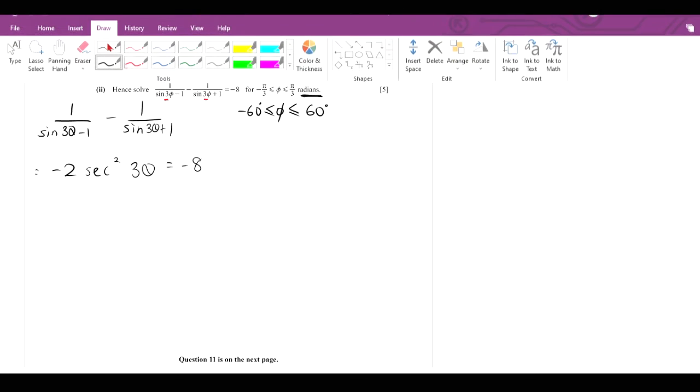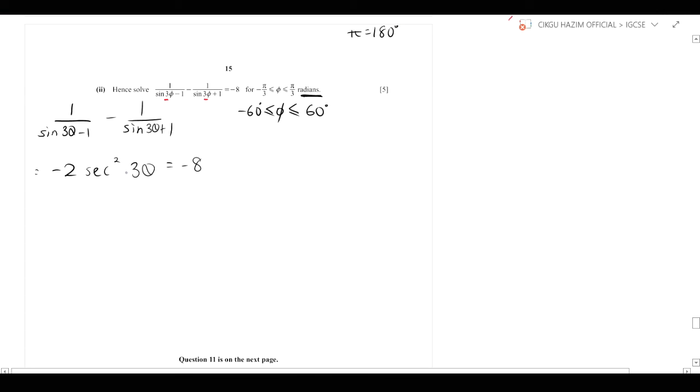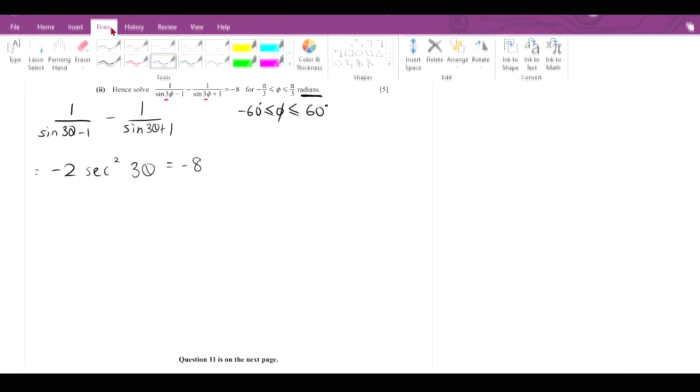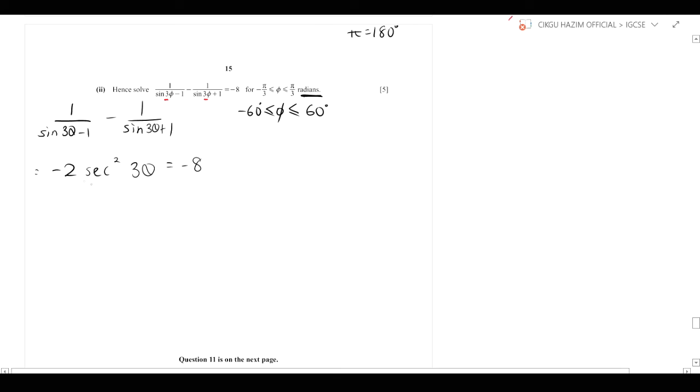And then after that, almost the same thing, where we simplify this equation. Once you simplify this equation, you see that -2, I move it to the right side. Then what do we have here? It's going to be secant square 3 theta is equal to -8 divided by -2, which becomes +4.